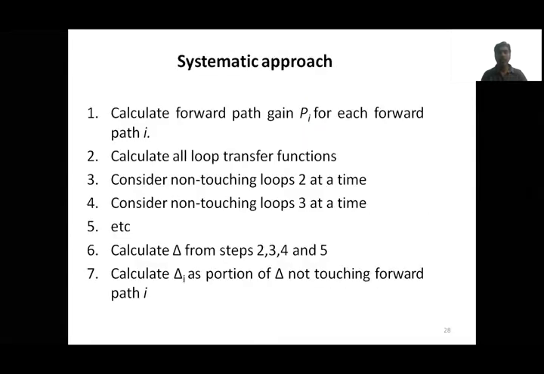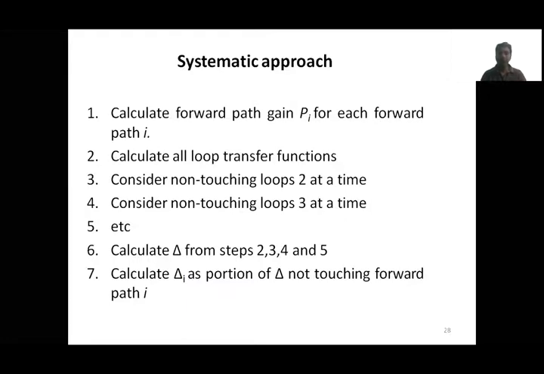Now we'll apply it on a problem. Before that, let us know the procedure. First, we identify the forward paths in the given signal flow graph and calculate the forward path gains P1, P2, and so on. Then we identify the loops and calculate the loop gains.